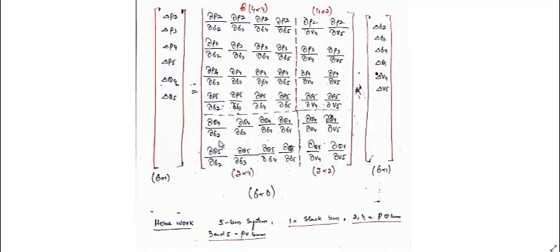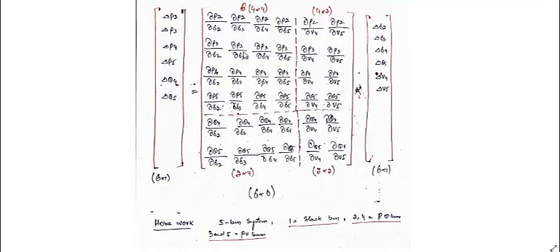That is delta Q4 by delta 2, delta Q4 by delta 3, delta Q4 by delta 4, similarly up to delta Q4 by delta V5. Then delta Q5 by delta 2, delta Q5 by delta 3, delta Q5 by delta 4, delta Q5 by delta 5, delta Q5 by delta V4, and delta Q5 by delta V5.